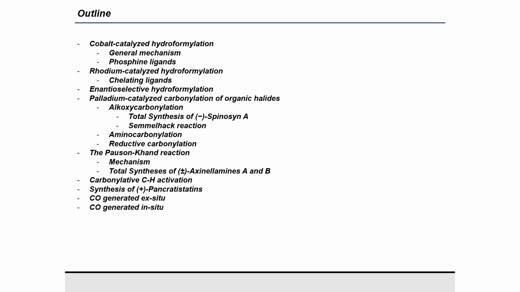Then we're going to see the Pauson-Khand reaction and how this reaction is applied in total synthesis. Then we're going to see carbonylative C-H activation, and finally we're going to discuss how to generate CO in and ex situ, which is very useful as well.